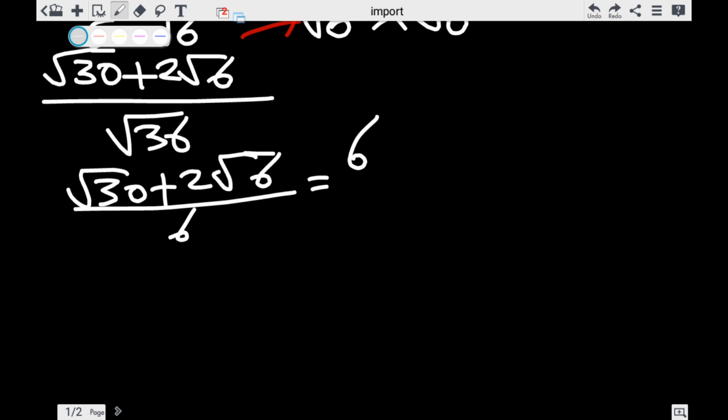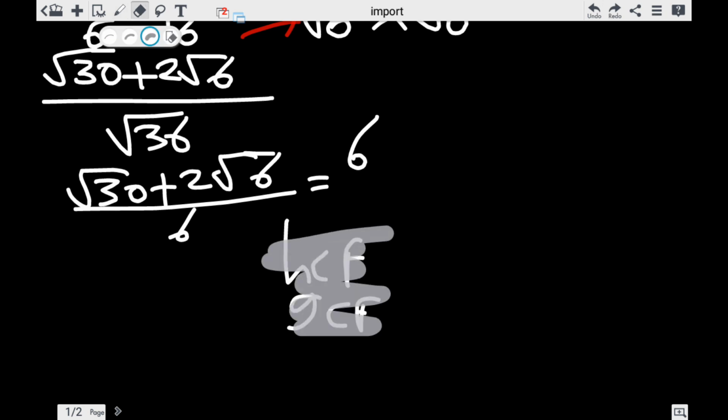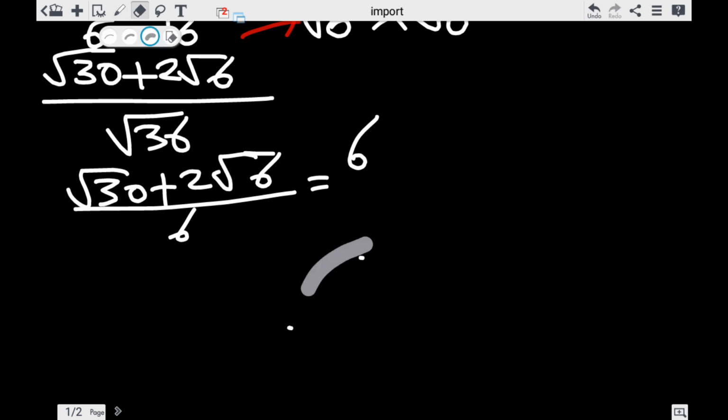When you factorize, you need the highest common factor, also known as GCF, greatest common factor, of the terms that you want to factorize.